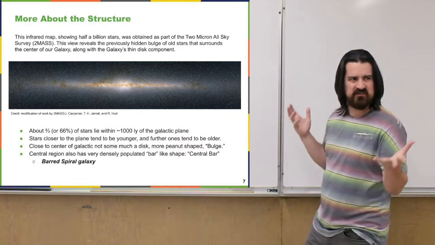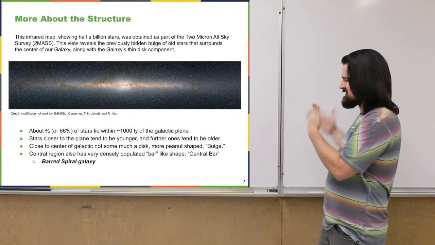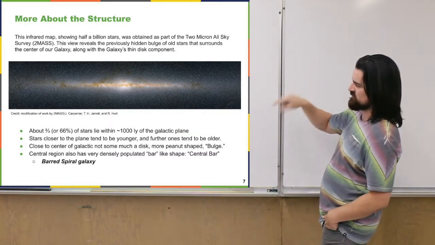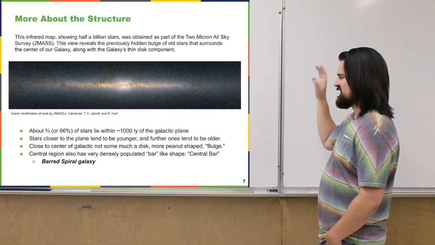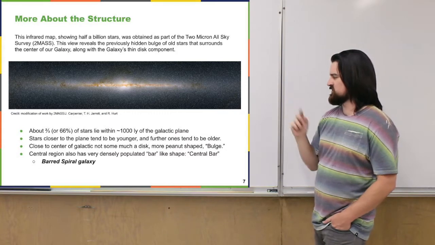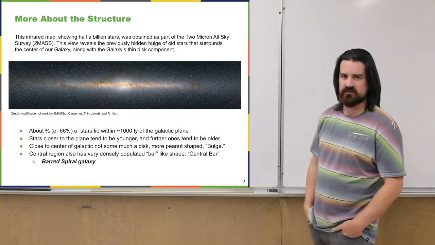So our sun is, we say, 4.5 billion years old or something like that. It's still definitely in the disk, within this 1,000 light years from the galactic plane, and it's not necessarily a young star anymore, but it's still maybe on the younger side than old. Like old stars, like 10 billion years old probably.